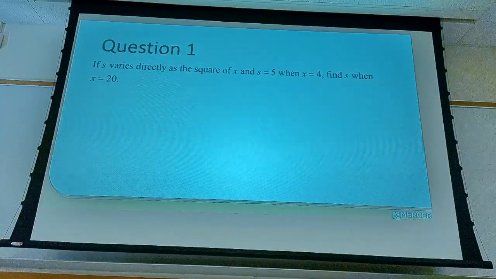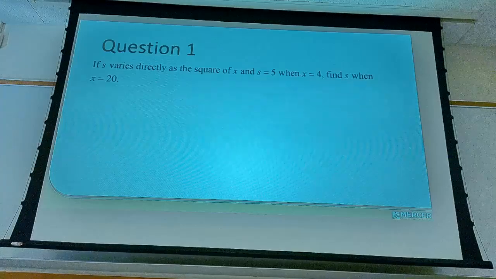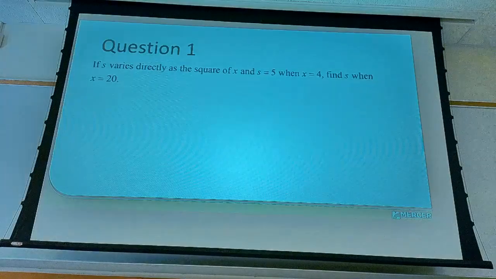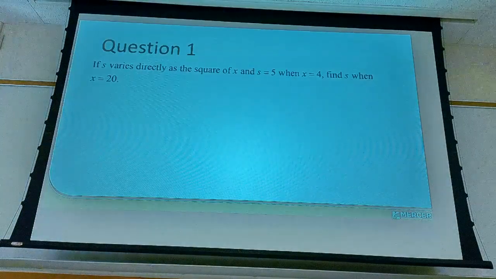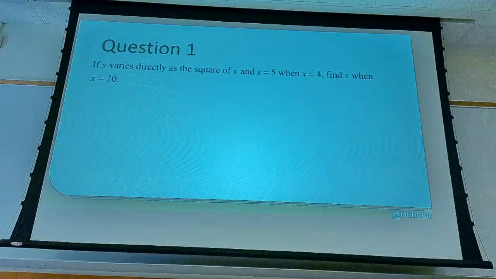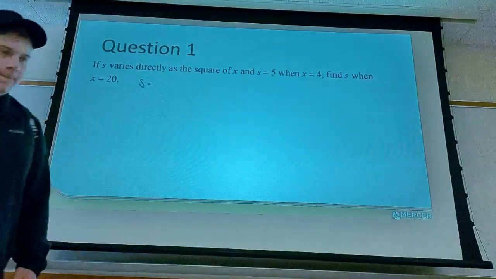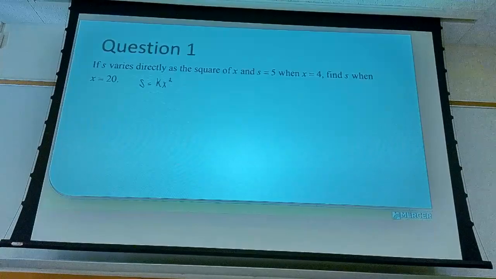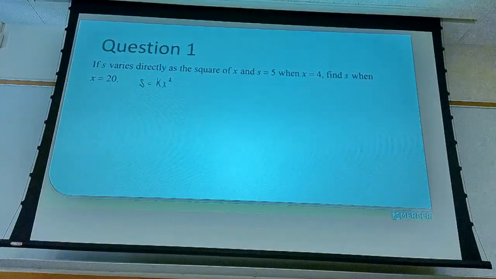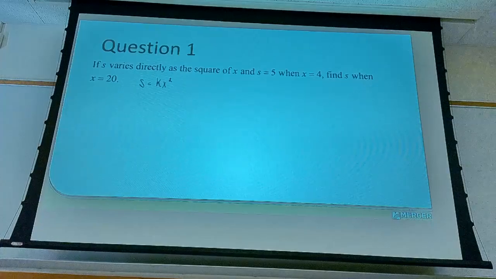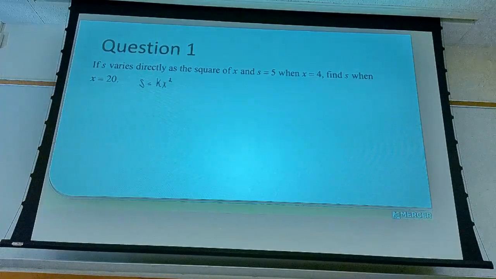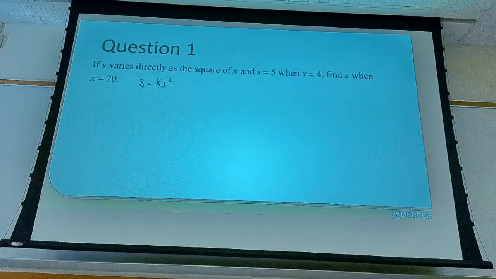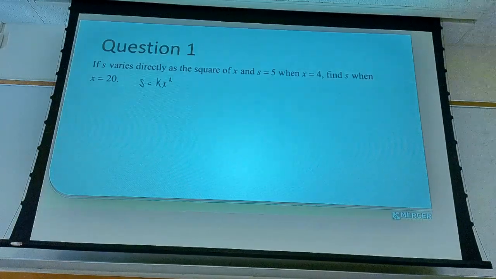Here we're told s varies directly as the square of x, and that s is equal to 5 when x is equal to 4. We're asked to find s when x is equal to 20. This is what it means for s to vary directly as the square of x. We just have to find that constant of proportionality.